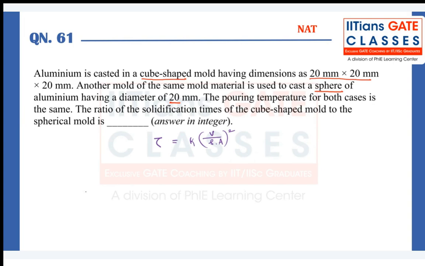Now let us first draw the cube. All dimensions are equal for the cube, isn't it, guys? The cube dimensions given are 20, 20, 20, so width, thickness and length are all 20 only.